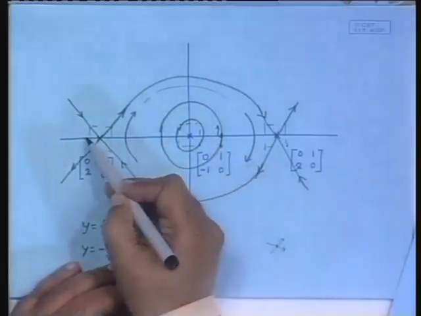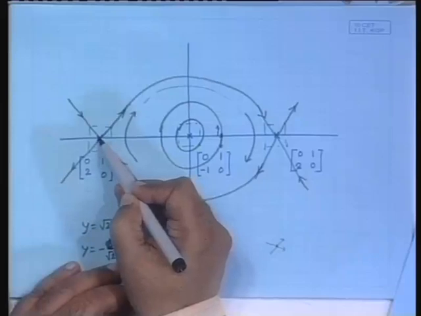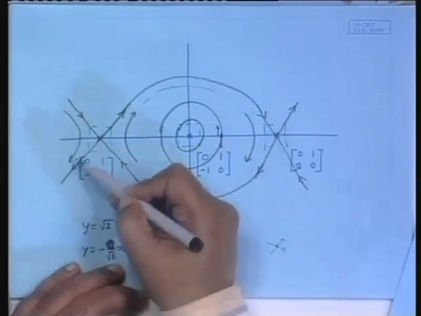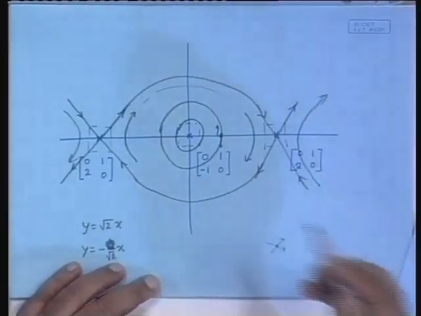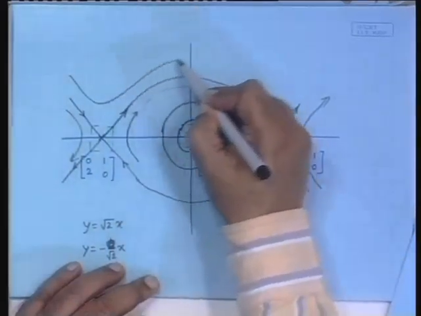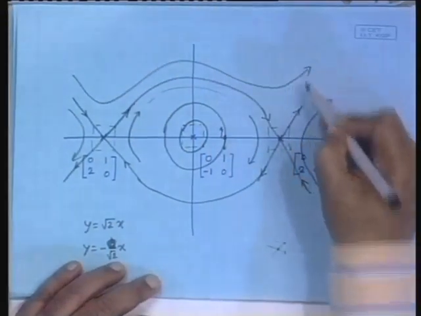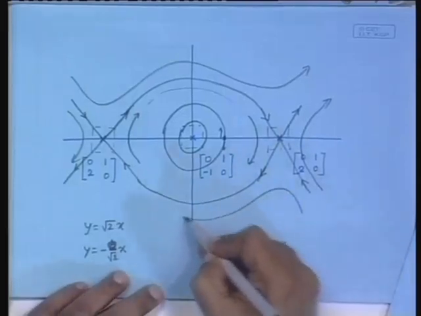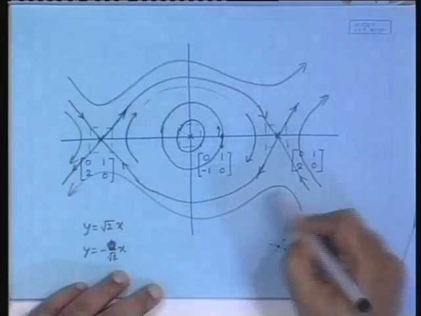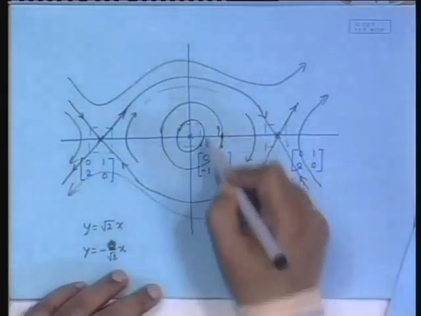Now, as you go further and further, if you cross this point, it will be like this, it will go to infinity. Starting from any initial condition here, it will go to infinity. Starting from any initial condition here, it will again, there is no other way. Can you see that? Starting from here, there is no other way, it has to go like this, and there is no way that it can enter this whirlpool.